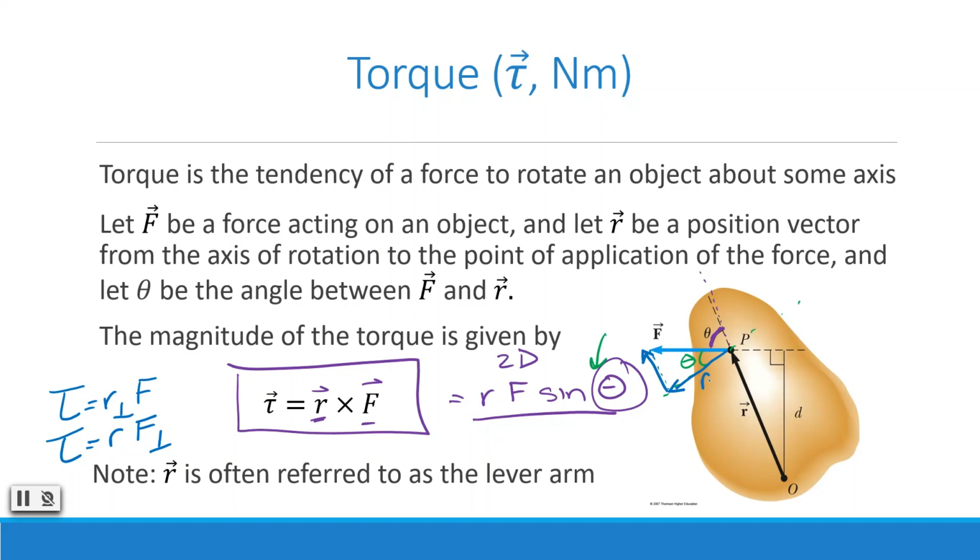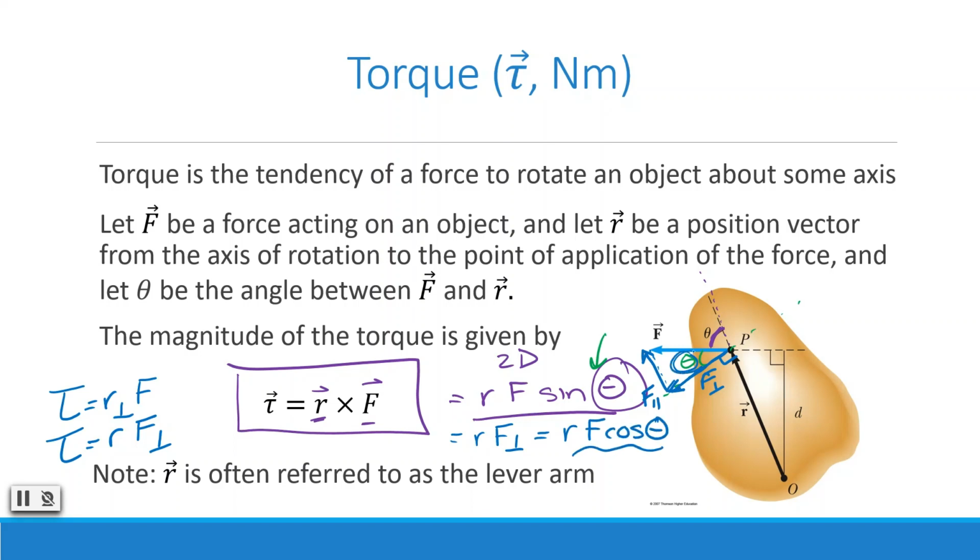This component right here would be my F perpendicular, because it's perpendicular to R, and this side would be parallel. If I look at this green theta, my F perpendicular is the adjacent side, so I do R F perpendicular, which is R times F cosine of my angle theta.